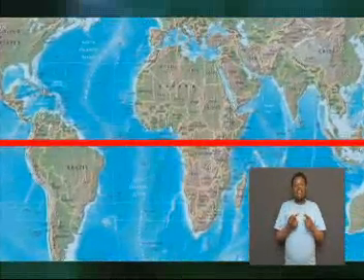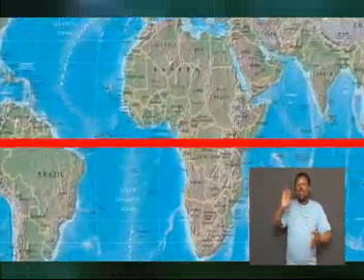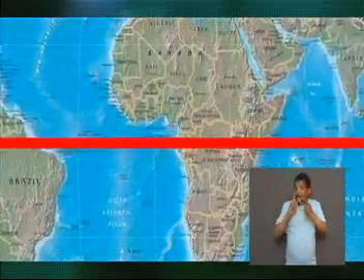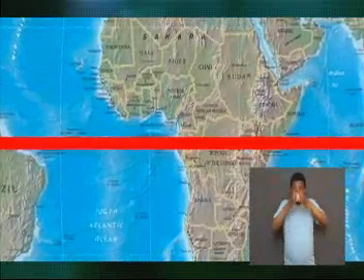Since Ethiopia is situated very close to the equator, it would appear quite accurate on a map created using cylindrical projection. In today's lesson, you learned about cylindrical map projection.